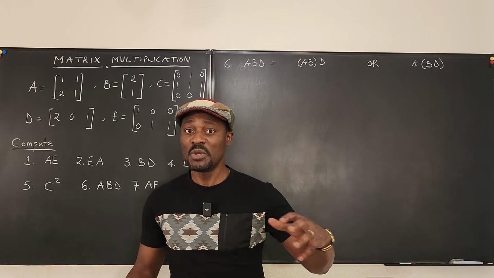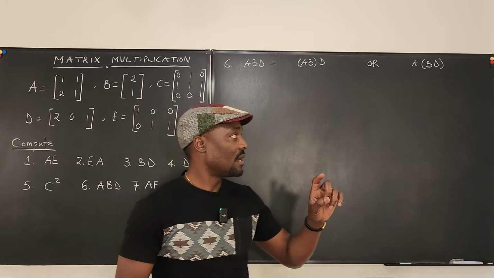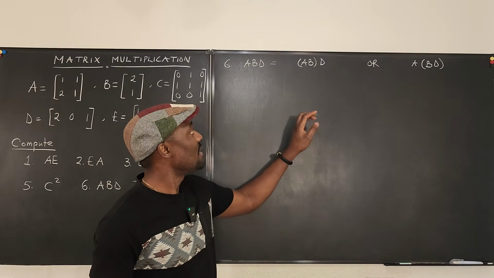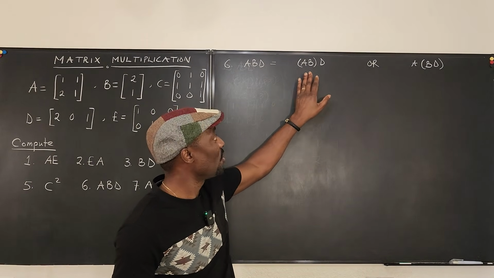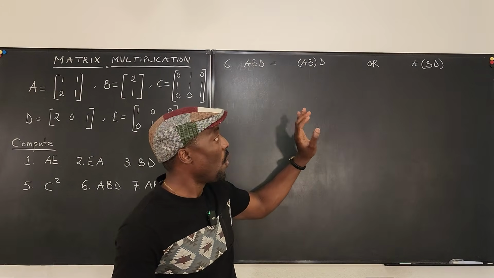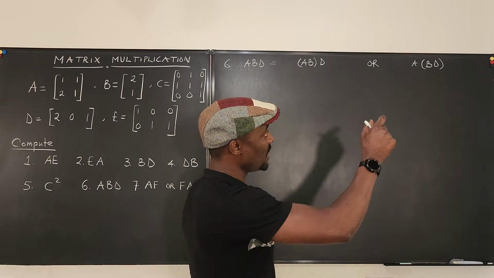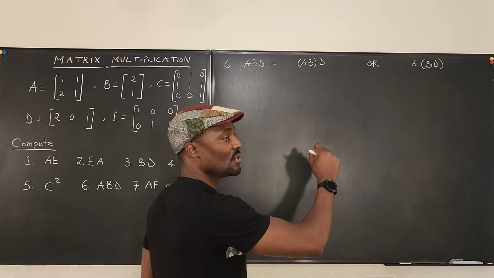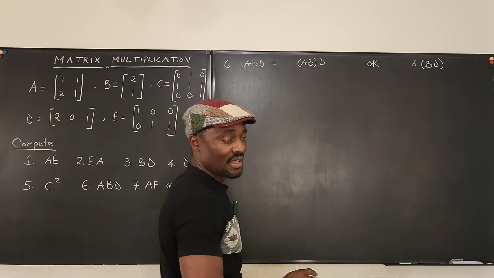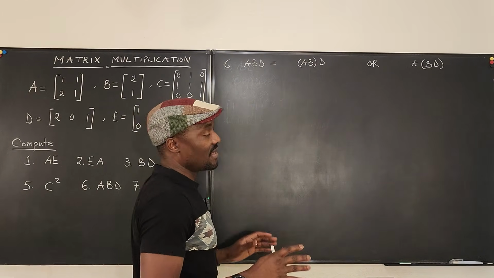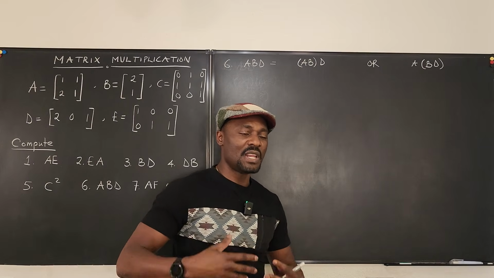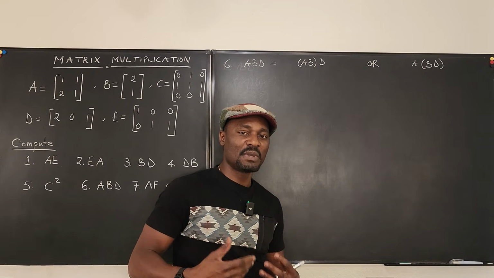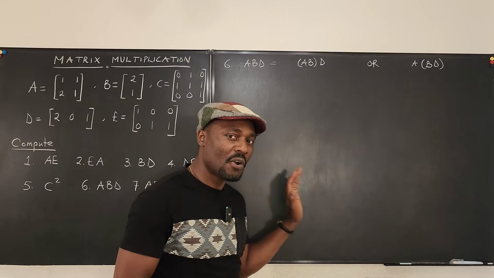We know they are not commutative, but they are associative, which means that you can multiply the first two, get an answer, and then use it to multiply D, or you can multiply the last two in that order and then use A to multiply it. Okay, basically that.